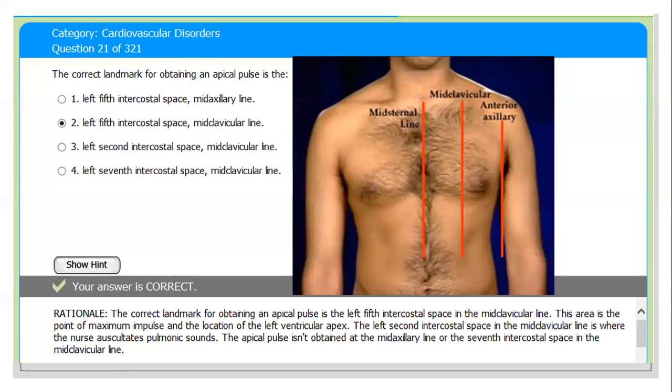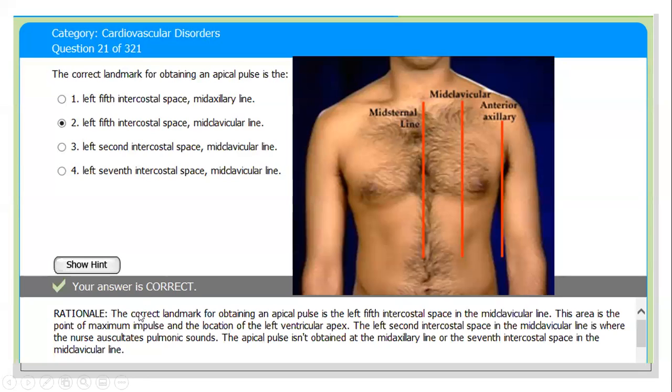Typically, we hear it through the stethoscope with the patient lying on his or her left side. The heartbeat consists of two distinct sounds, right? Lub and dub. So we get it at the fifth intercostal space, where the mid-clavicular line crosses.